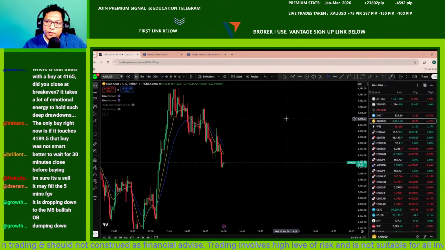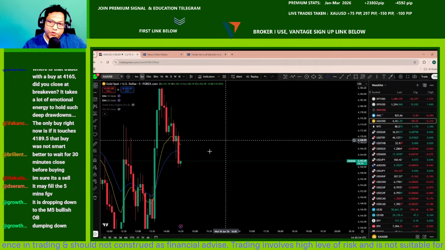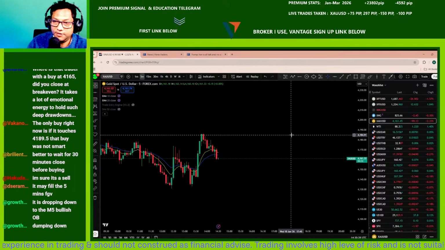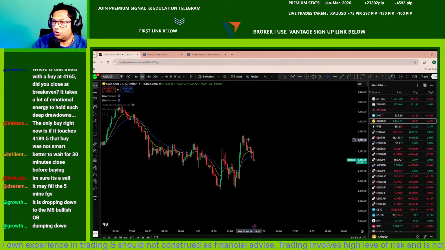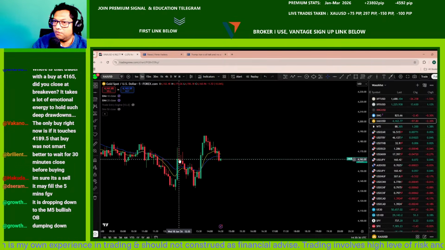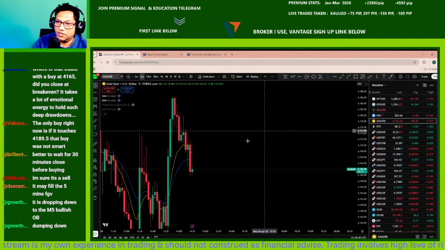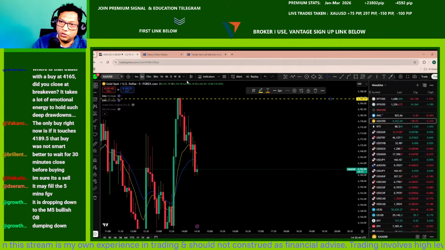So the next thing that we need to do is wait patiently, because if you look at the market trend here, there was one false breakout, two false breakouts, and because of back to back two stronger bullish moves, there is a higher chance for the market to go again to retest this resistance.